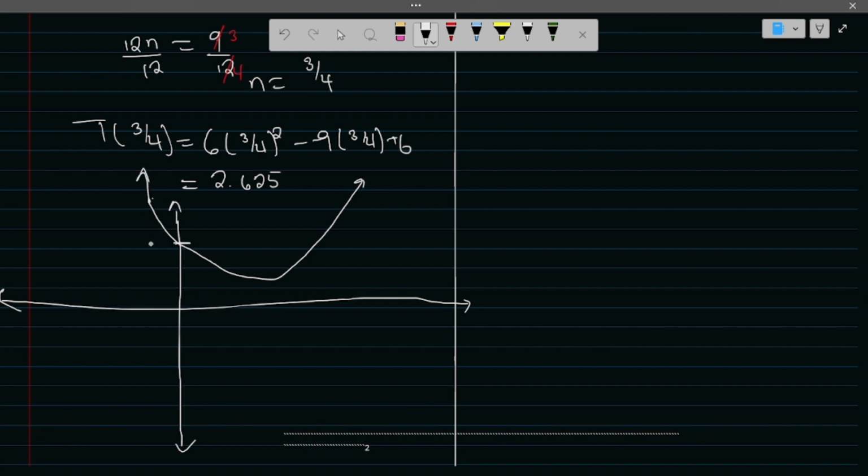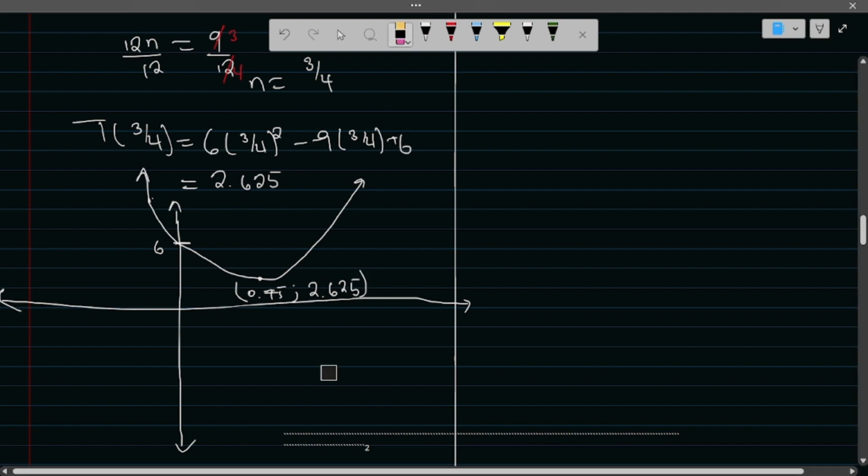So this is the y-intercept. This is 6, and these two values are 0,75 and 2,625. Right. Let me write this neatly.